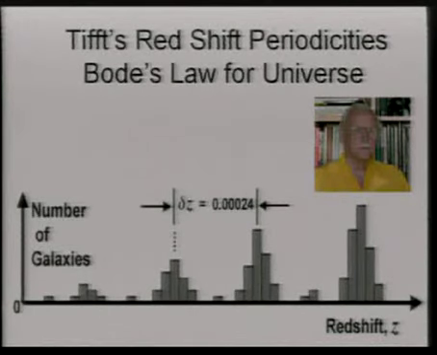If we're measuring the redshift, and this is an idealized picture here, we have a redshift, then we have hardly anything, then we have some more redshifts, and then hardly anything, then more redshifts, and that sort of thing. He called this the periodicity in the redshifts. And this periodicity was very regular, had a value of 0.000024 in his first measurements.